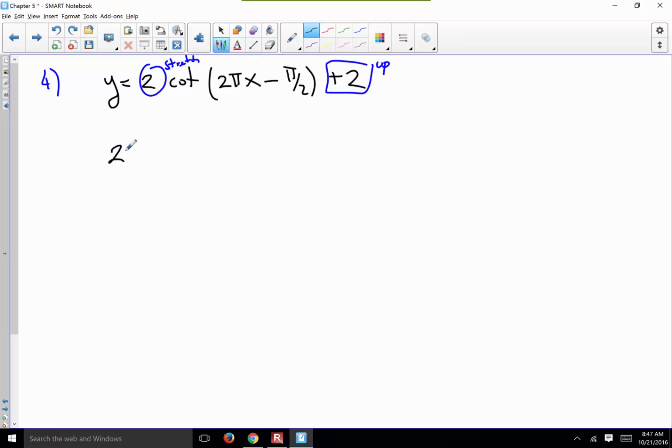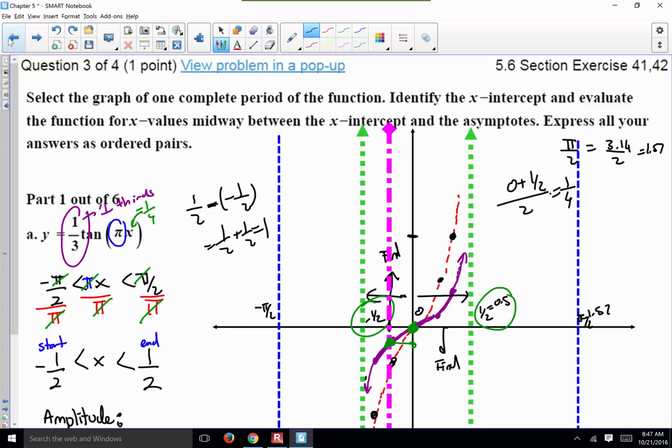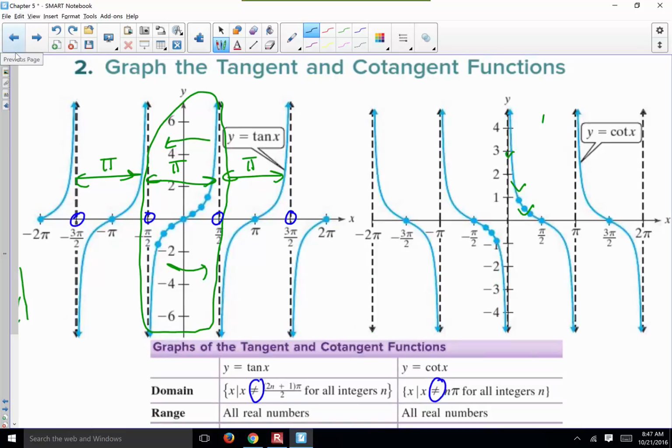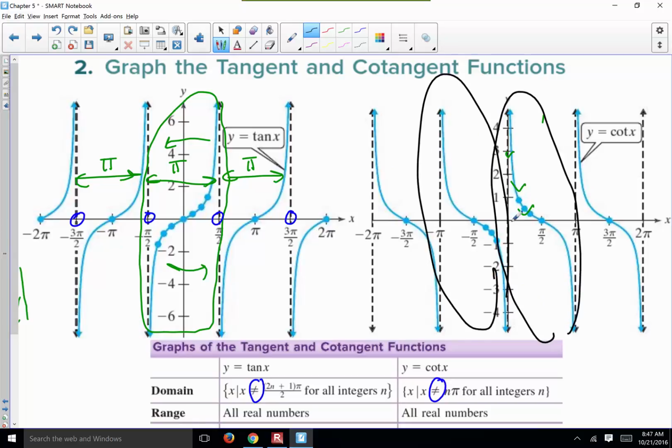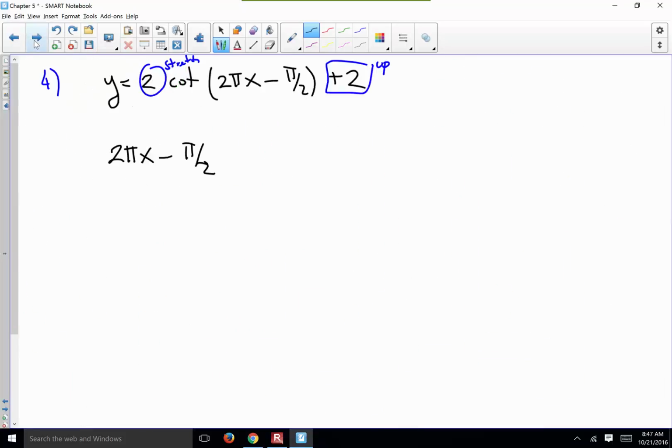Let's compute the inside first. What is the regular period of cotangent? Let's pick a frame. You can pick the left side, but I will pick this one because I like working on the positive side. I will take and transform this shape, 0 to pi. So I will take x values from 0 to pi.